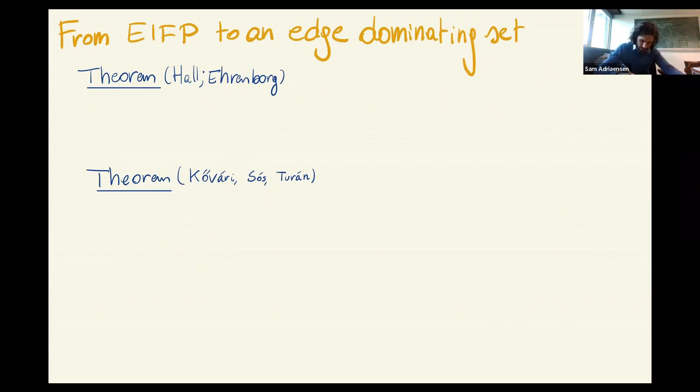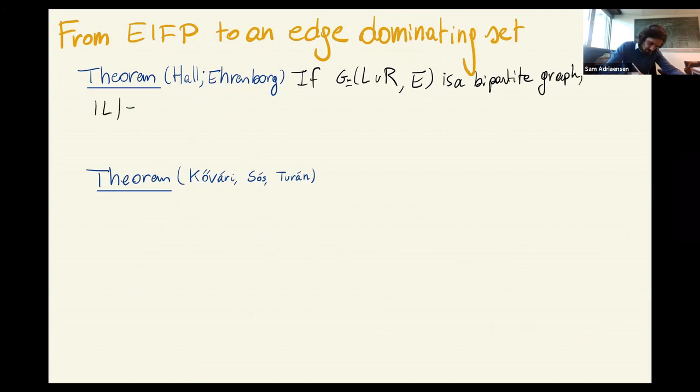So let's say that we have a bipartite graph G with bipartition classes L and R. And let's suppose that both bipartition classes have the same size, because in our case this holds.